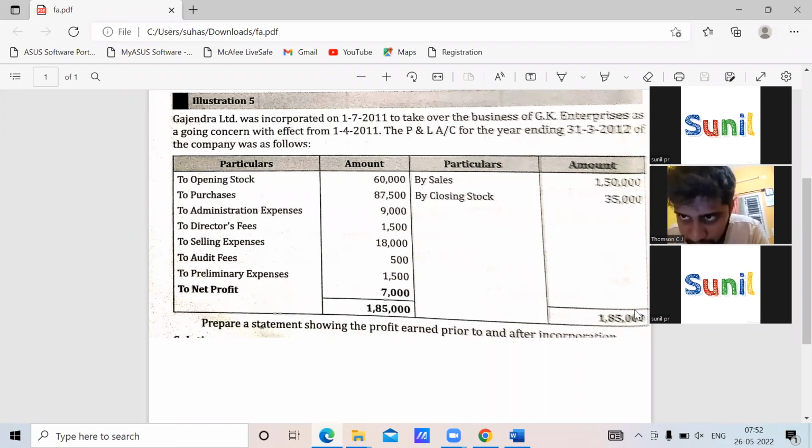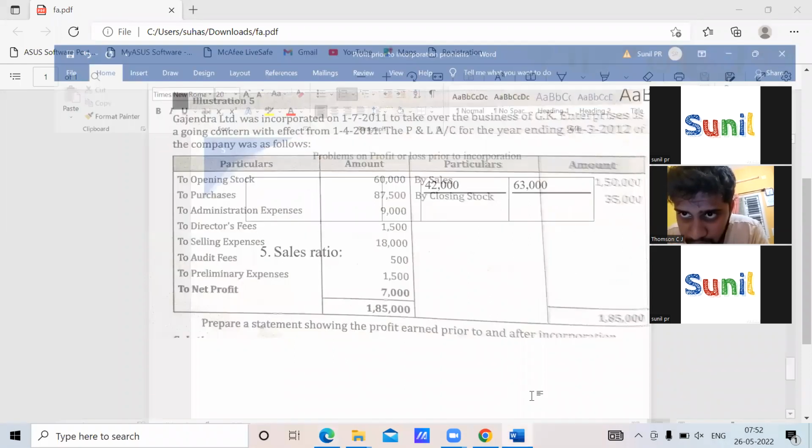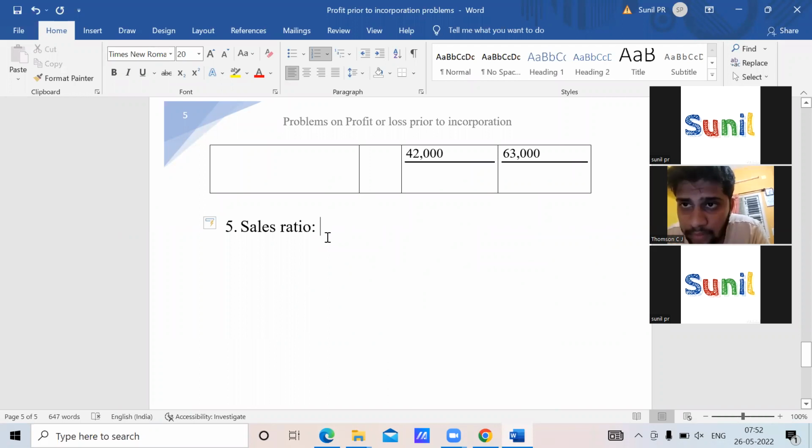Now how do you prepare this? We have the sales ratio.